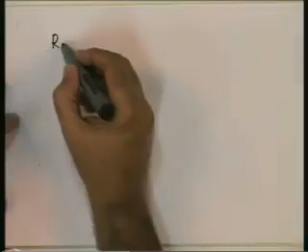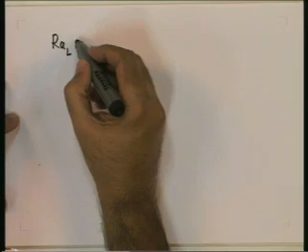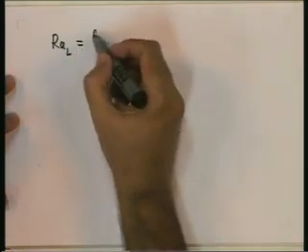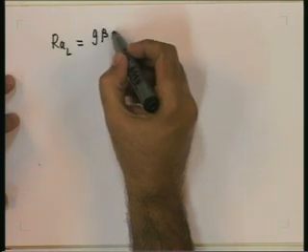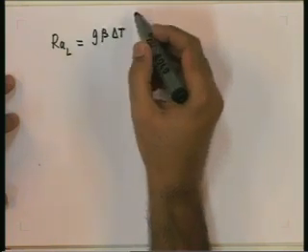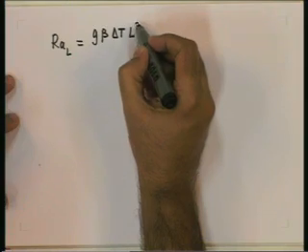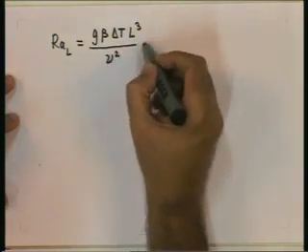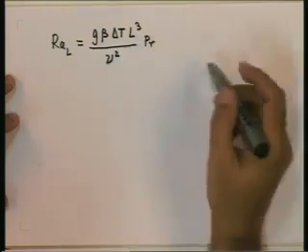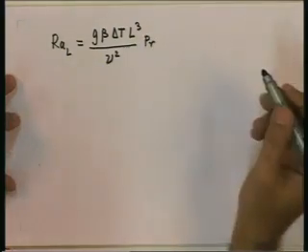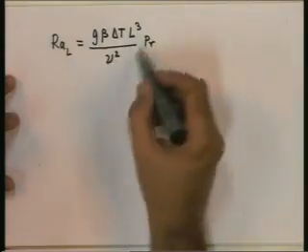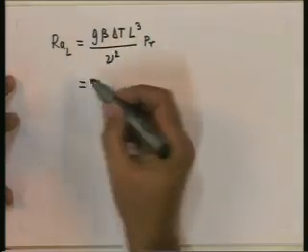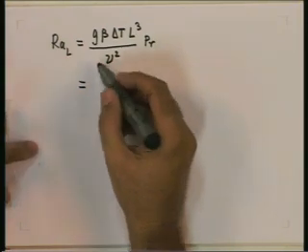Let us calculate the Rayleigh number, Ra L. This is g beta delta T L cube by nu squared into Prandtl number. We know everything here. Value of g is assumed to be 9.81 meters per second per second.